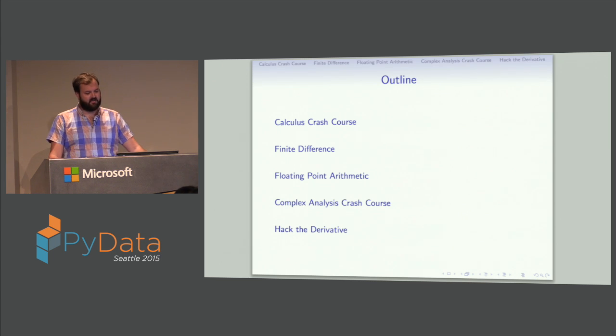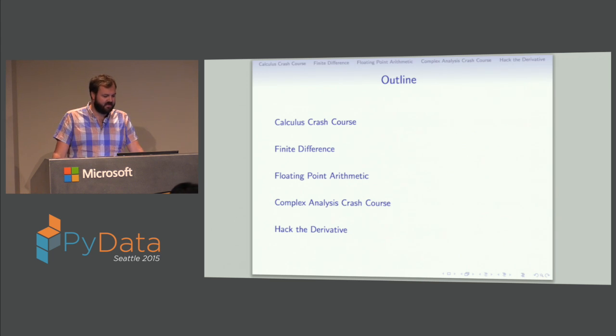Then we're going to talk about the finite difference method for estimating the derivative, and we're going to break it. To figure out why it breaks, we're going to look at floating point arithmetic and the implementation of floating point numbers. Then we're going to try and do better, but before we do that, we need to understand a little complex analysis and use some imaginary numbers. And once we've got that under our belt, we're going to hack the derivative.